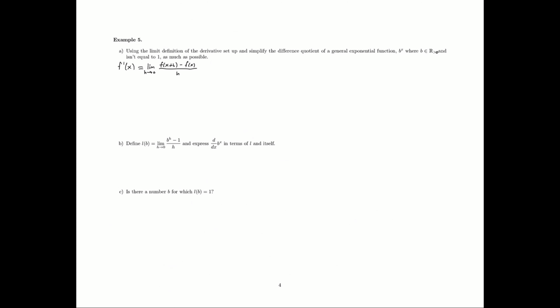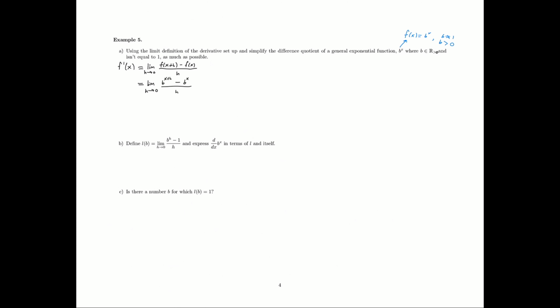So if our function f of x is b to the x, where b is not 1 and b is greater than 0, because that's what an exponential function is, essentially, then this would be the limit as h goes to 0 of b to the x plus h minus b to the x all over h.